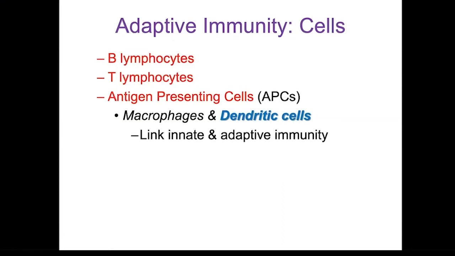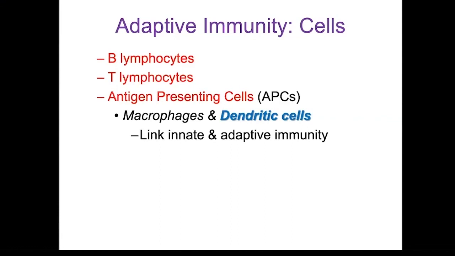And then they're going to take the antigens from the pathogen and bind them to the MHC class IIs and go and present these to the CD4 cells that are specific for that particular antigen. And in that way, they're going to be involved in activating T cells. So that's the link between the innate and the adaptive immune response.